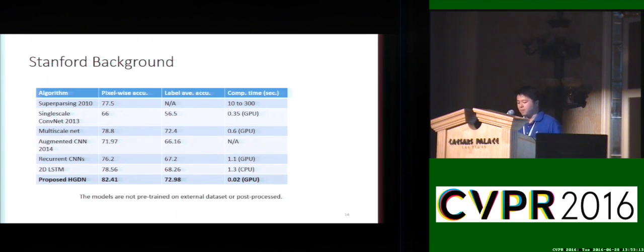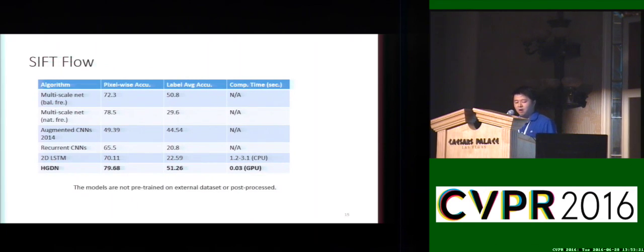We note that none of the models we compare against are pre-trained on an external dataset like ImageNet. And this is the result on the SIFT Flow dataset. Again, we compare with the same type of algorithms as well as the LSTM type algorithms, and we can see that we also outperform the other methods when all the compared models are not pre-trained.